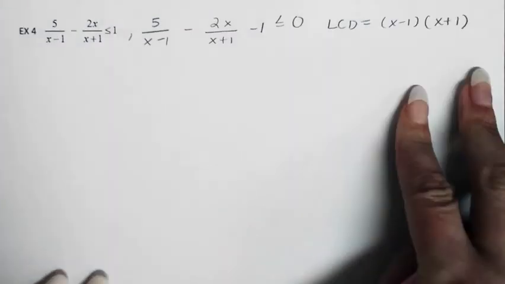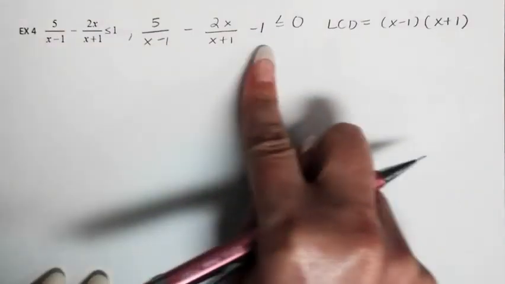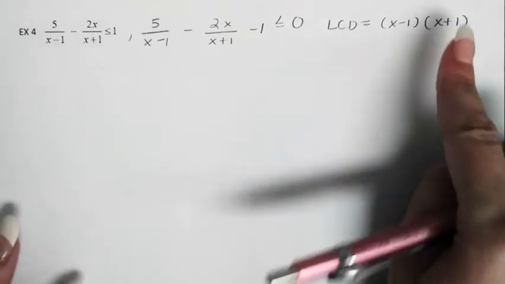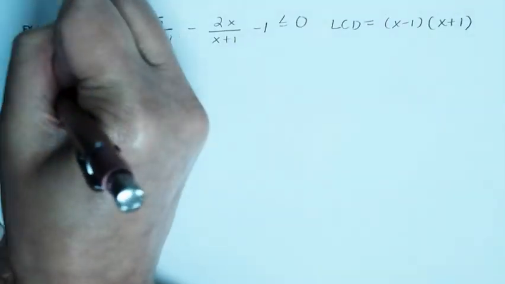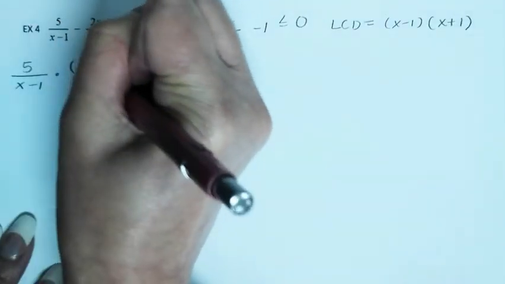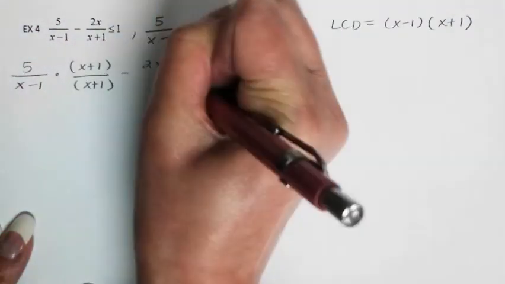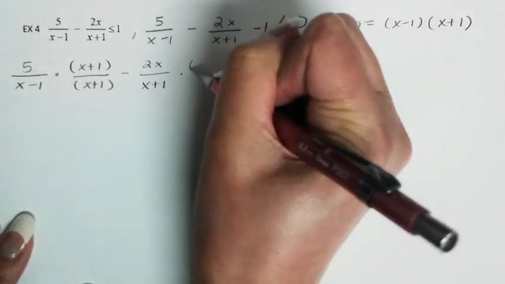Having that, I need to make sure that all my terms have the same denominator, which is (x minus 1)(x plus 1). Let's start with this one. You have the 5 divided by x minus 1, so it's missing the x plus 1 divided by x plus 1. Then you have the negative 2x divided by x plus 1. That one is missing the x minus 1.